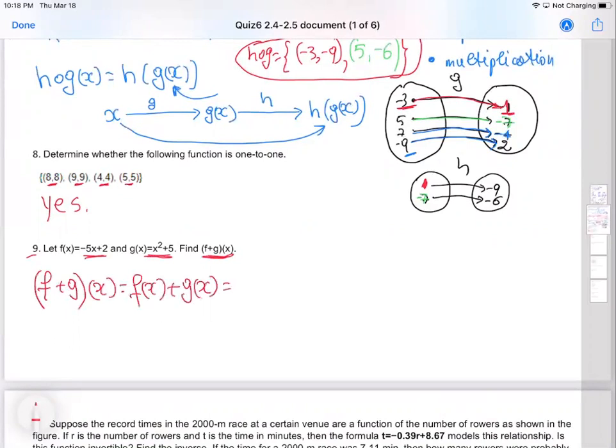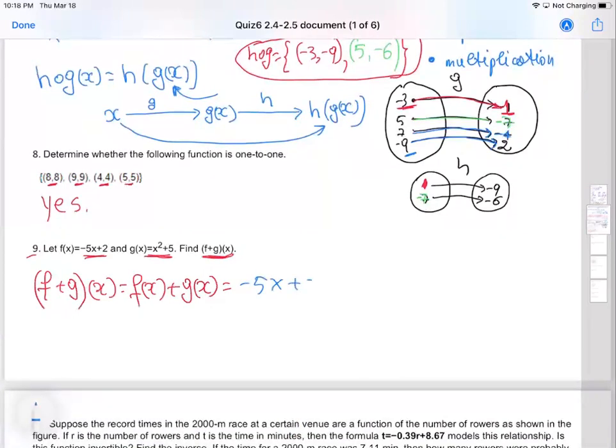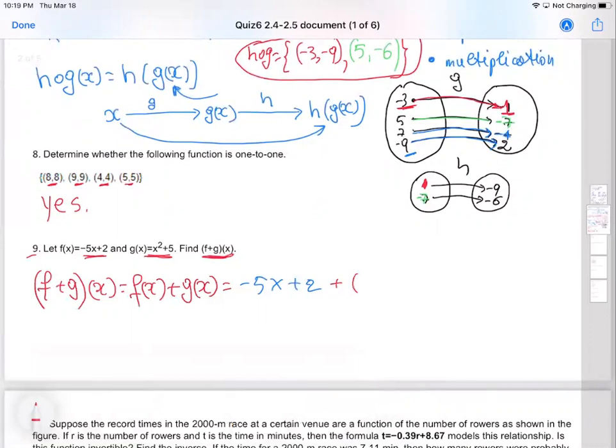That means that we're going to add these two functions together, and f of x is -5x plus 2, and g of x is x squared plus 5. Let's put this in parentheses. Then we're going to simplify.